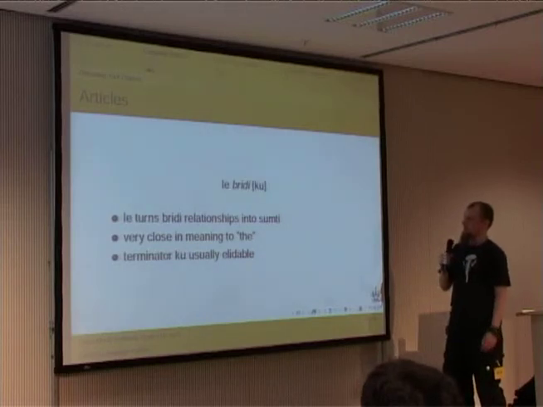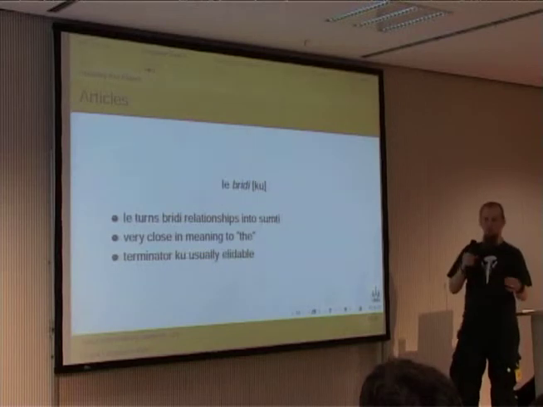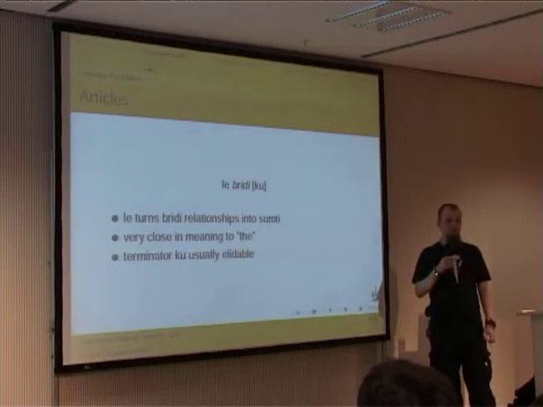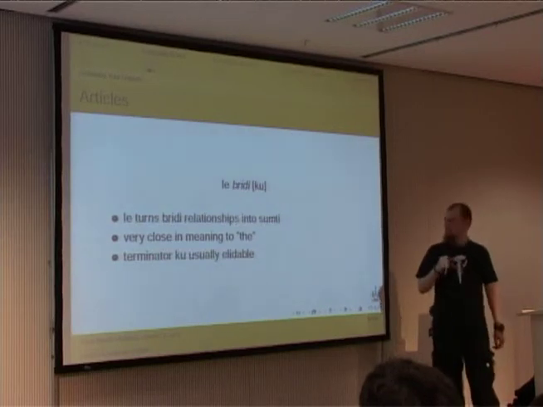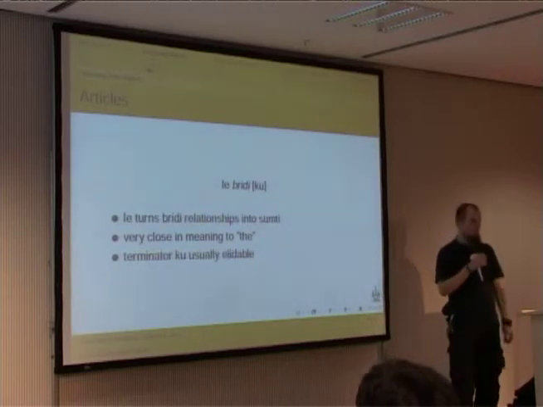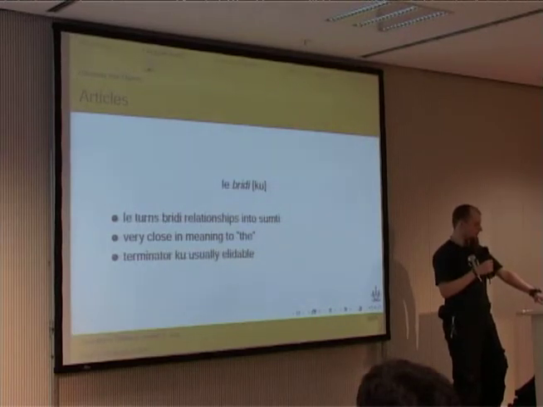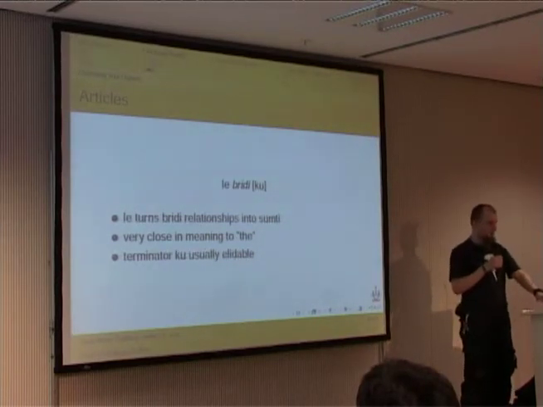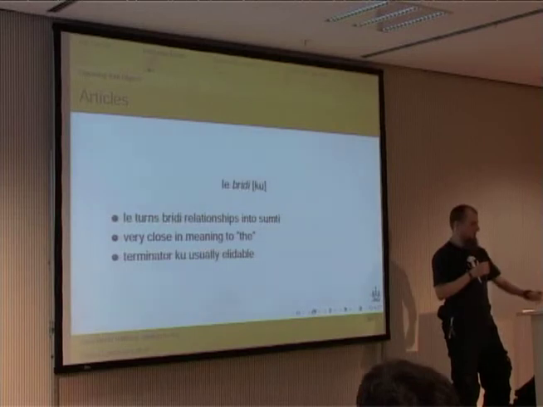What this word does, le in specific, is turn a relationship like before, as you used to build sentences, into an argument. So it basically says the thing that is in this relation or that would fit this relation. The next slide will explain it. Again, ku is a terminator word which is necessary to put there in case ambiguity could result, but usually you can leave it out.